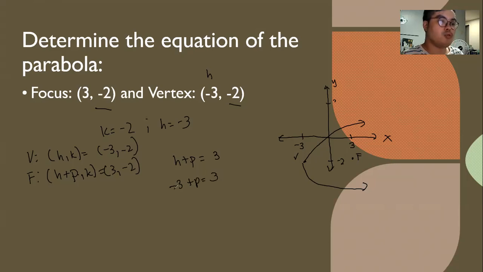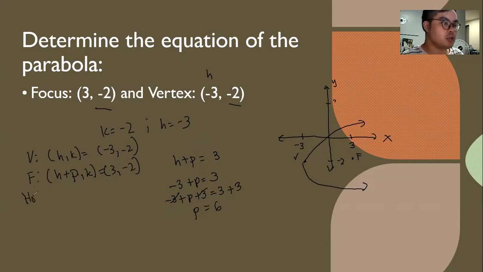Then we're going to solve for p by adding both sides by 3. Oops, I made a mistake. So 3 plus 3 is equal to 6. So our p is 6. So ibig sabihin positive ang ating parabola.